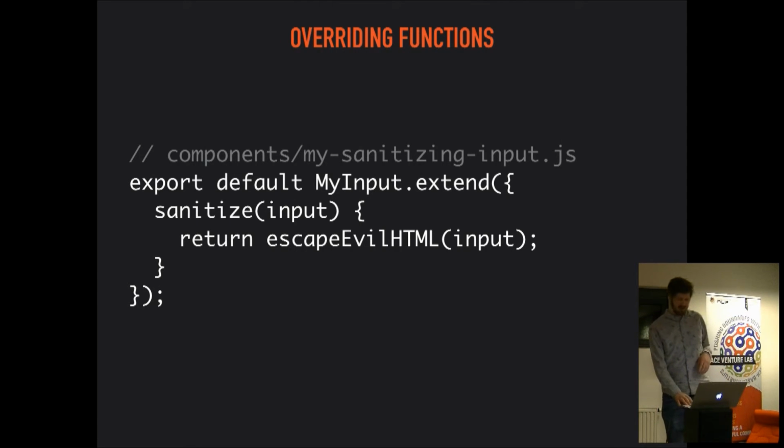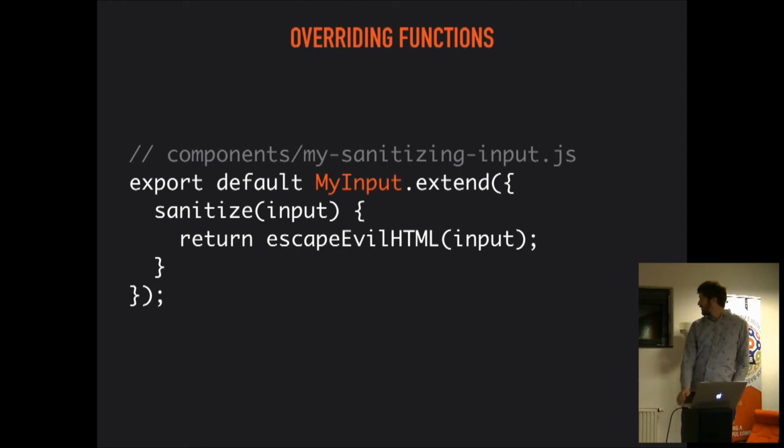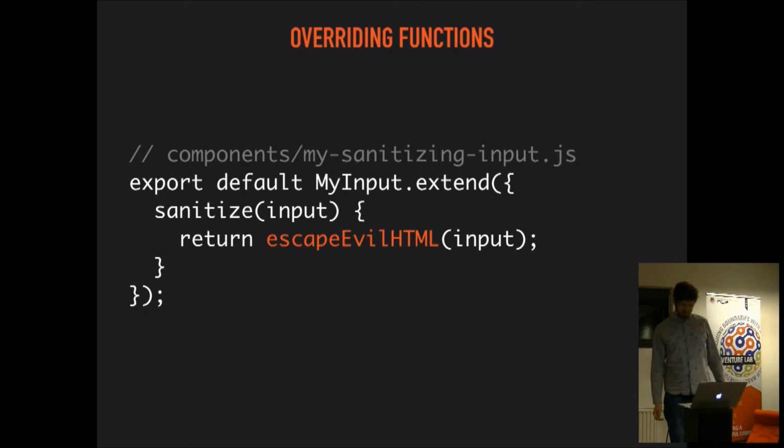So here we extend my input and we override the sanitize function, and we add a nice escape evil HTML function. Then, if someone adds evil HTML, it will be escaped and your users will be happy instead of getting trolled.